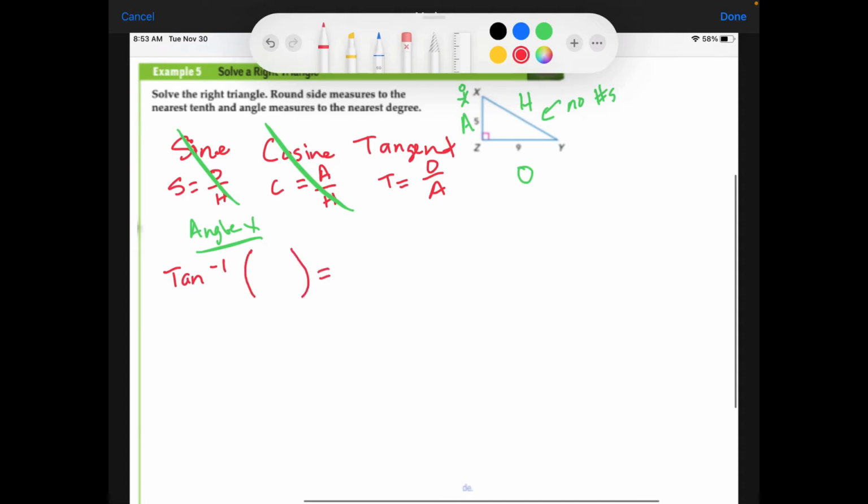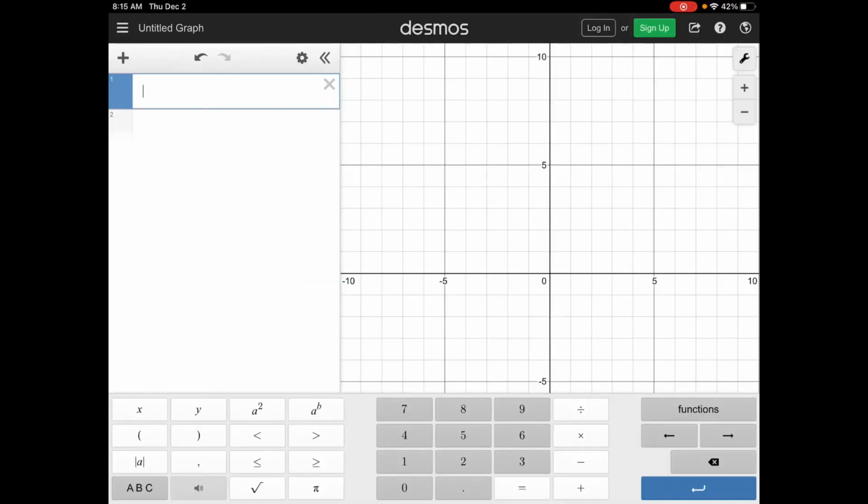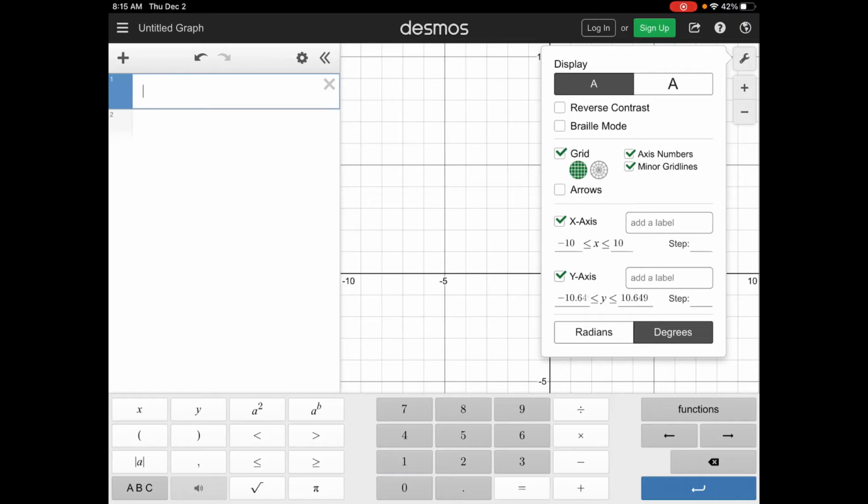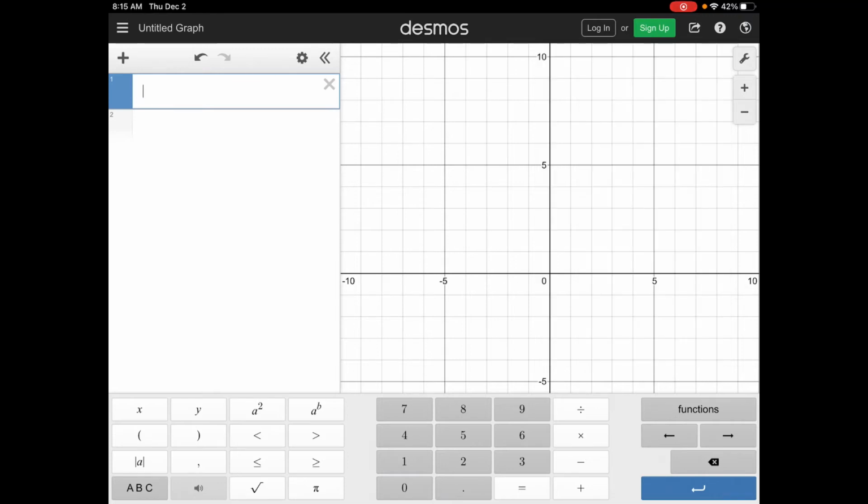I'm going to input the ratio, and I'm going to get the degree angle. So remember, the tangent is the opposite over the adjacent, so the opposite would be 9, the adjacent would be 5. And all we have to do here is put it into the calculator. I'm going to check and make sure it's in degrees, and it is, by clicking on the little tool at the far top right-hand corner.